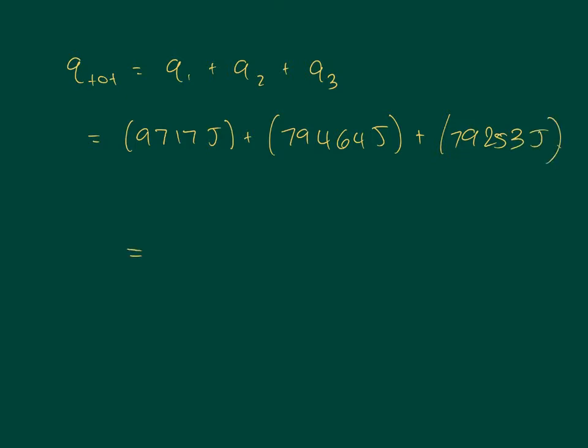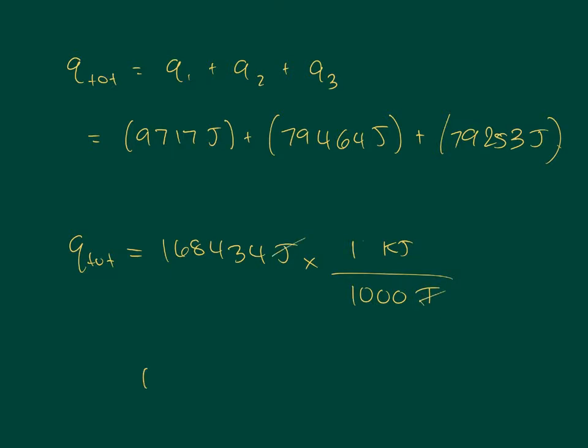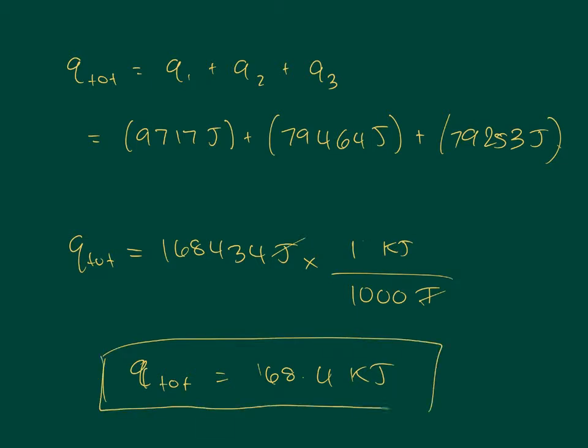And when you add all these up, you get Q total is equal to 168,434 joules. And through a quick conversion, you'll get that the total Q for this process is 168.4 kilojoules. This is the solution to part A. We'll now move on to part B.